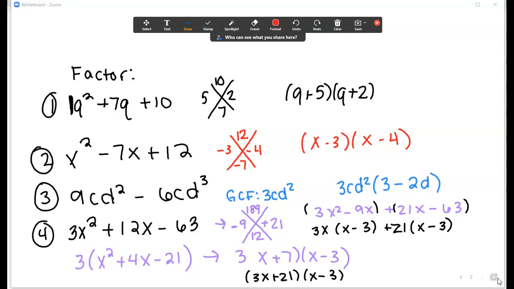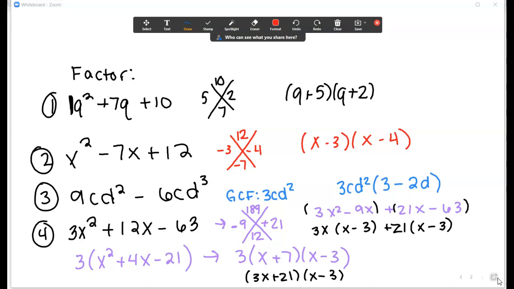What did you have? Yeah, that doesn't work. Even if you swapped them, you would have been left with 3x plus 21 inside and x minus 3 on the outside. Those are your two choices. So what did you have? 3x minus 9?